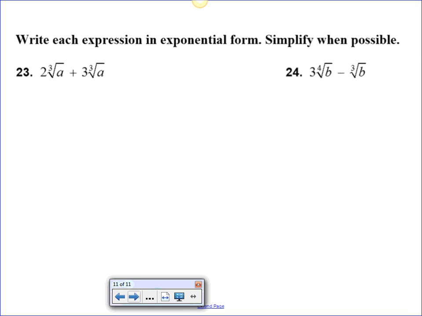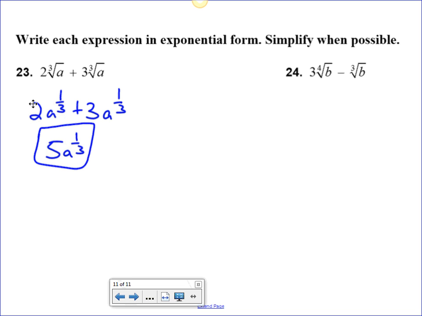Okay. The other way around now. If I can put them into exponential form and then try and simplify. So if I had this first one, I know I got a 2, and then the a is to the 1/3 power, plus a 3, and then it's going to be a to the 1/3 power. So how many a's to the 1/3 power do I have? I would have 5a to the 1/3 power if you wanted to write it in exponential form.